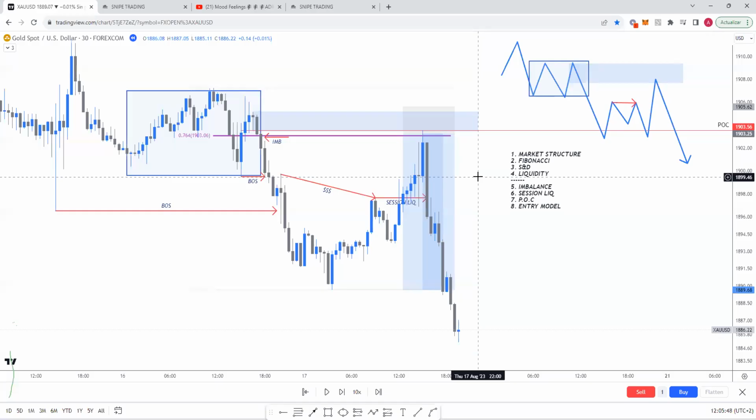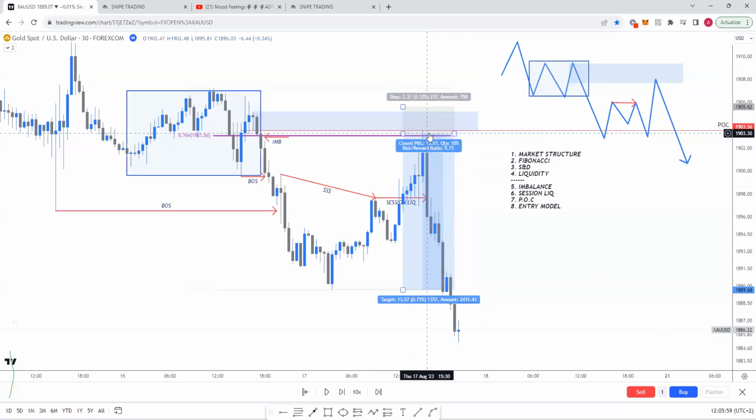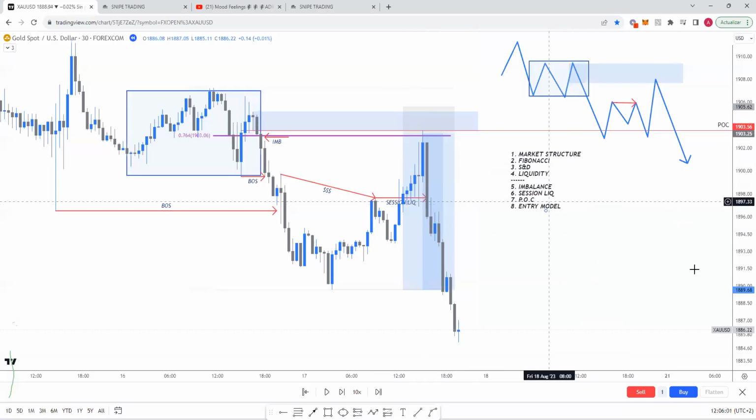A pip is basically a point in percentage. To keep it simple, as I only trade gold, one pip is every 10 cents. So every time price moves 10 cents, that's one pip. So if price goes from 1903.2 to 1903.5, how many pips was that? From point 2 to point 5, how many pips is it?